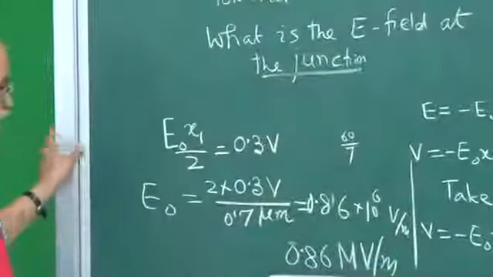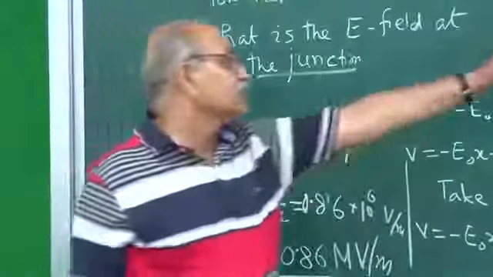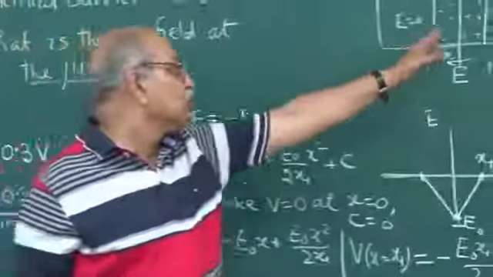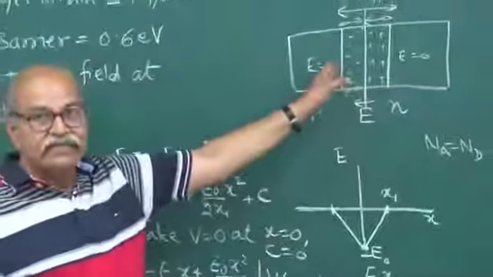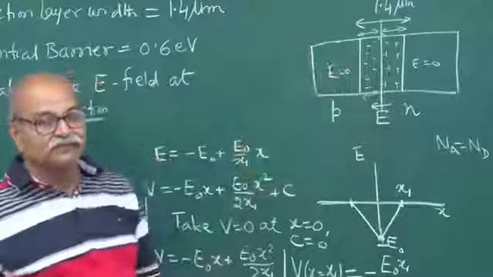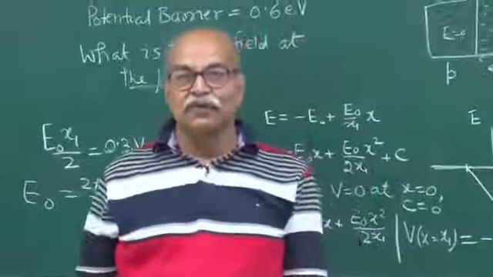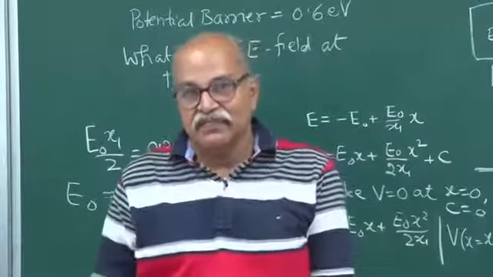That's the maximum magnitude of electric field which exists at the junction, and as you go on this side or this side, it linearly decreases to 0. All right, so we will stop here, and next time we will do some special p-n junction diodes.